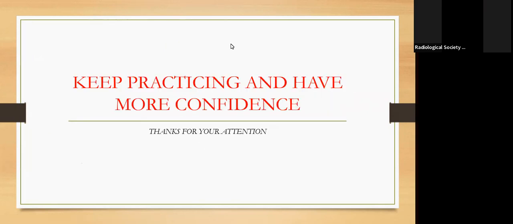Let me be the first one to contribute. Appendicitis, especially when it comes to sonography, just like you have indicated, is somehow difficult, but with more practice you can easily pick up one or two things. According to the literature, the hallmarks of appendicitis sonographically: the size is supposed to be less than 6 millimeters.